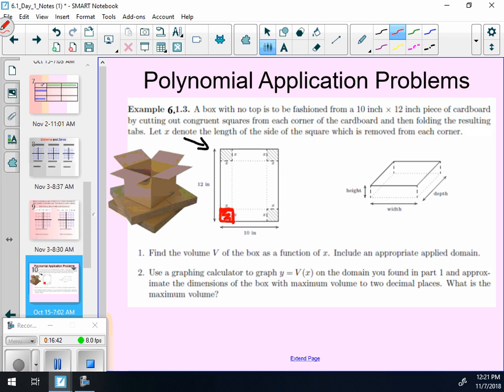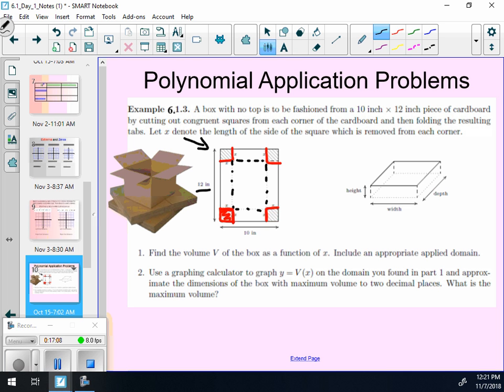So what they do for these cardboard cutouts is they just cut off little corners from each side of the cardboard. And then on these black dotted lines here, those are the parts that you fold up to make the sides of your box. Right? And so in this instance here, we said on this side we have a length of 12 inches.